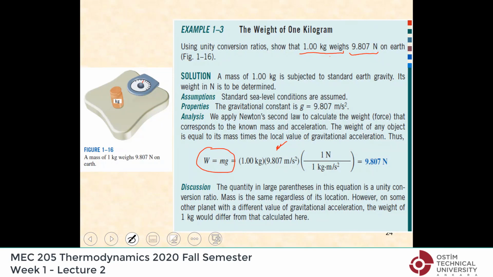So what is the result? 9.807 kilogram meter per second square. If you include this unity from the very beginning, 1 Newton divided by 1 kilogram meter per second square, you automatically get Newton, because these will cancel and you get only Newton here. But again, I emphasize, always write units in calculations.